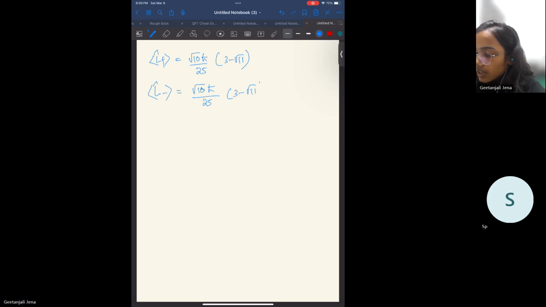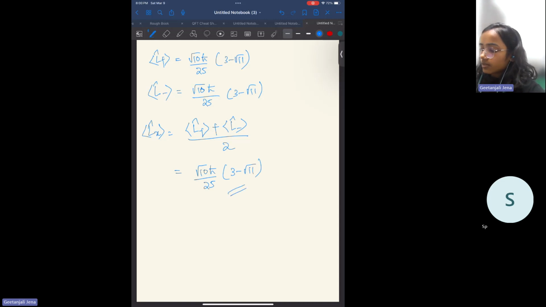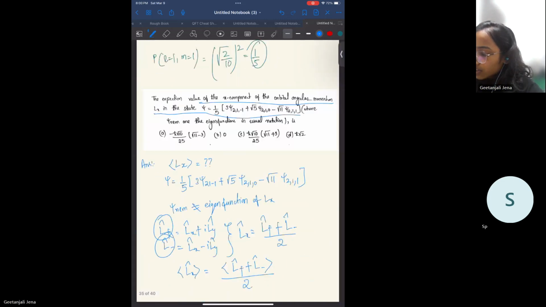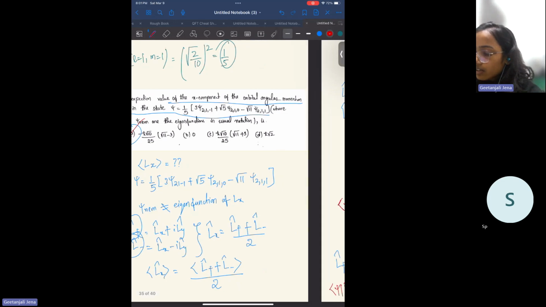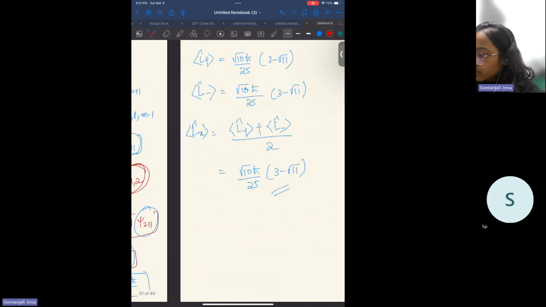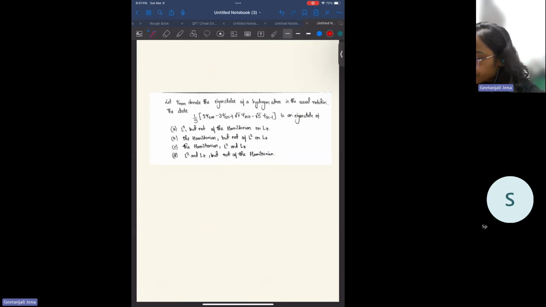That means the Lx expectation will be (L plus + L minus) divided by 2, which is nothing but root over of 10 h cut by 25, (3 minus root over of 11). So this is the answer. That means the answer will be option A, root over of 11 by 11 minus 3.